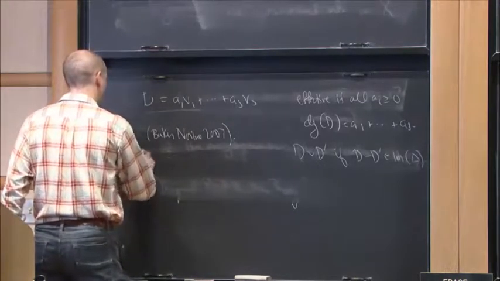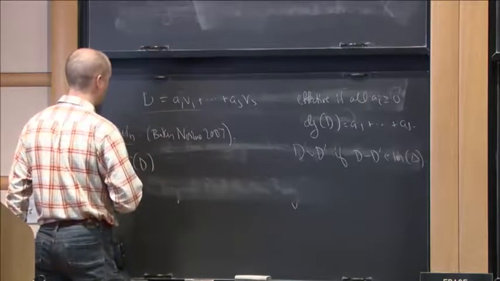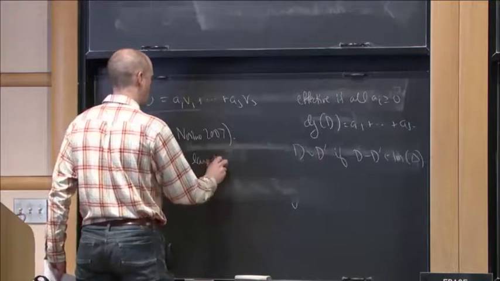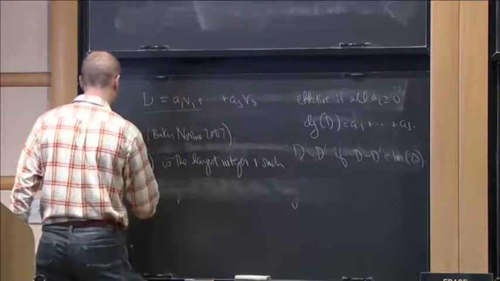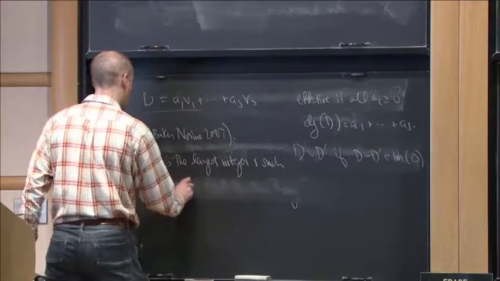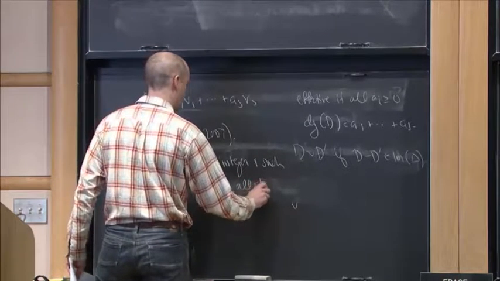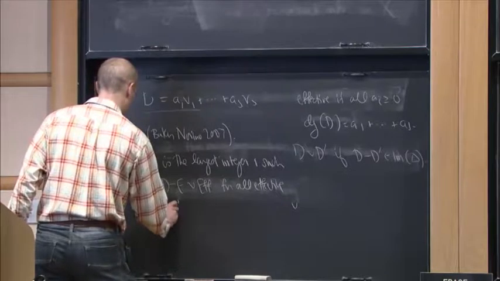They say that r(D), the analog of the rank of the complete linear series of the divisor D, is the largest integer r such that D minus E is equivalent to an effective divisor for all effective E of degree r.